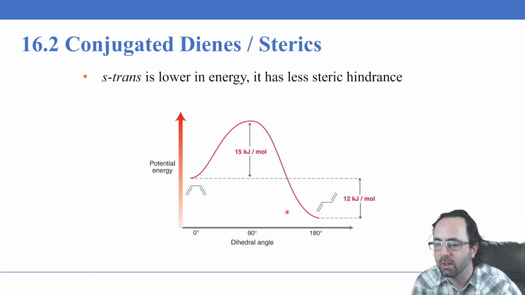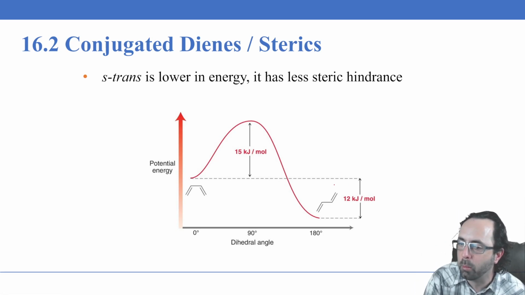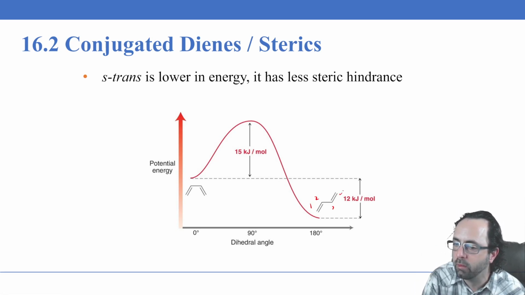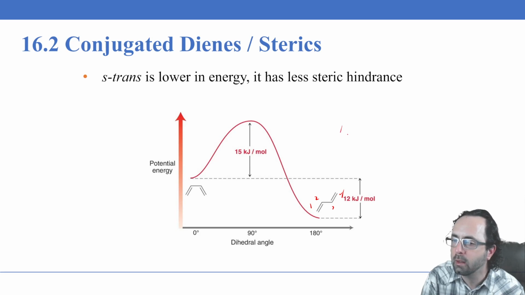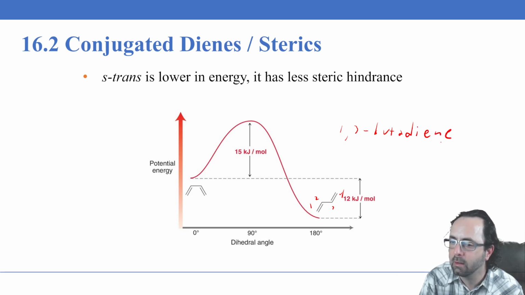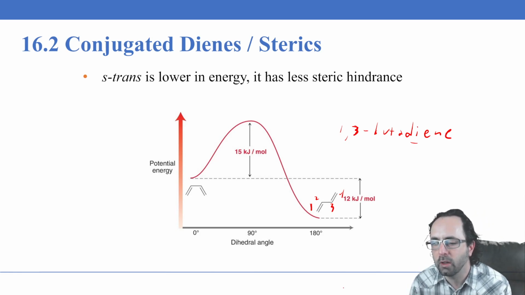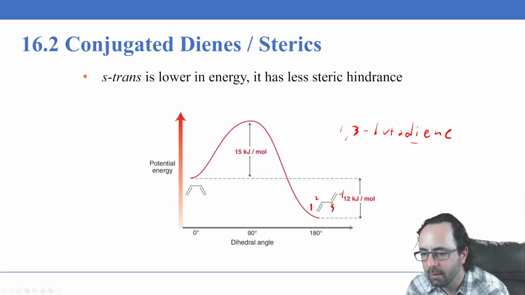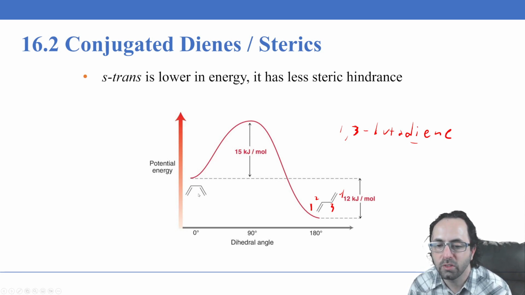And so at any given time, if you have some 1,3-butadiene, that's what this is called, by the way, 1, 2, 3, 4, but for 4 carbons, diene, because there are 2 enes, so that's why there's diene, 2 alkenes, and they start on carbon 1 and carbon 3. With 1,3-butadiene, the S-trans isomer is more stable than the S-cis.